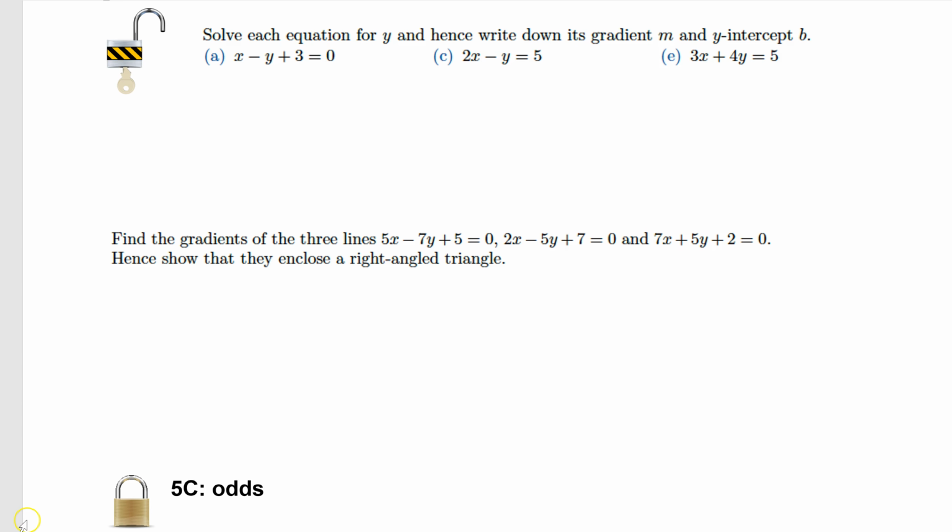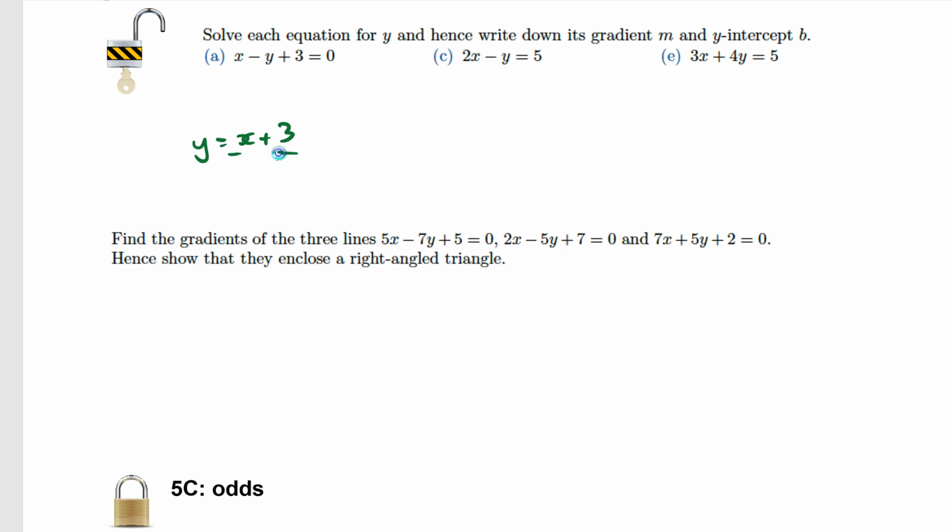Okay, so if we are going to use those facts up above, then we need our equations written in the forms up above, either standard form or gradient-intercept form, and we want to write down the gradient. Well, actually, this one says solve each equation for y. They want you to make y the subject. So if we did that, y equals x plus 3.